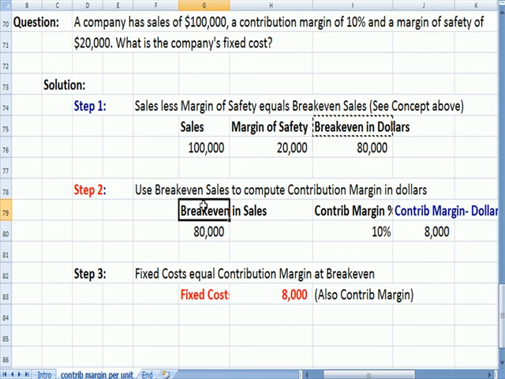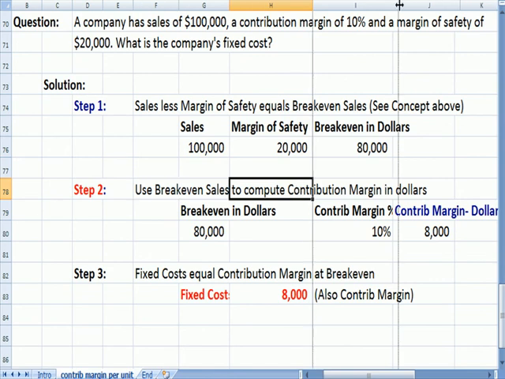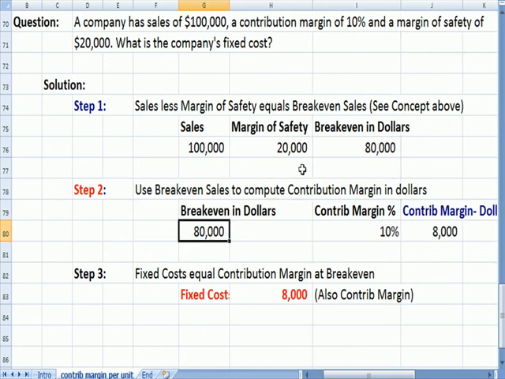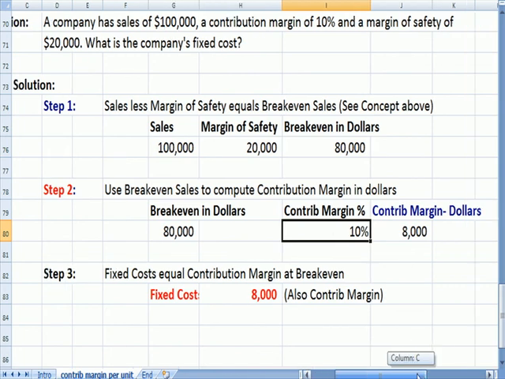Step 2, and I'm correcting the header here. Use the break-even sales to compute the contribution margin in dollars. I know my break-even in dollars is 80,000. I'm given that my contribution margin is 10%, which means that in dollars, my contribution margin in dollars at break-even must be 10% of 80,000, or $8,000.